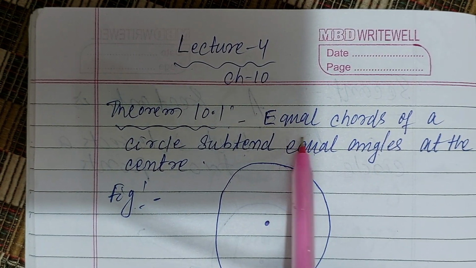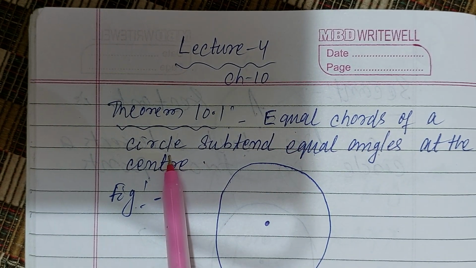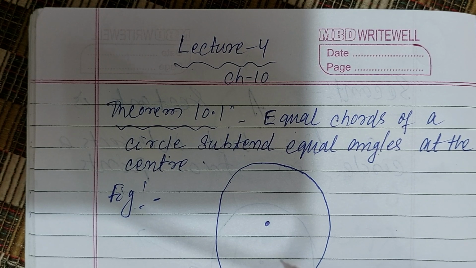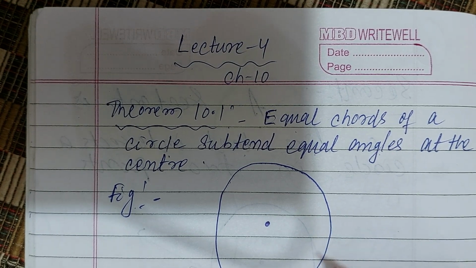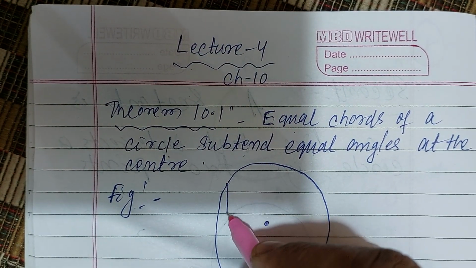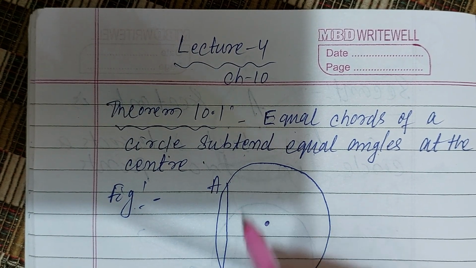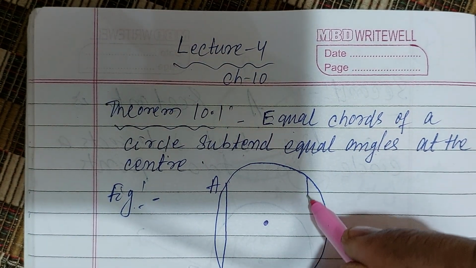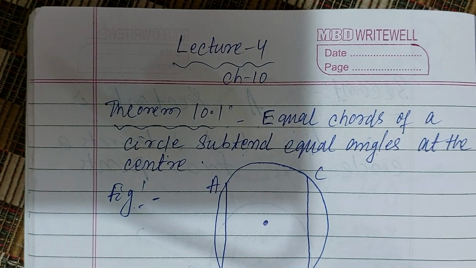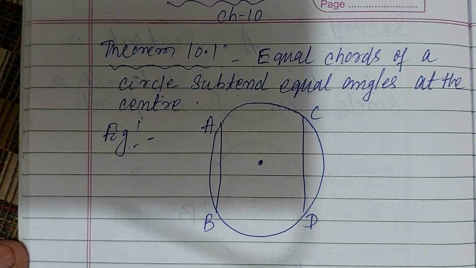And what is the theorem asking? Equal chords of a circle. That means the given conditions are two equal chords. So here AB and CD are two equal chords.